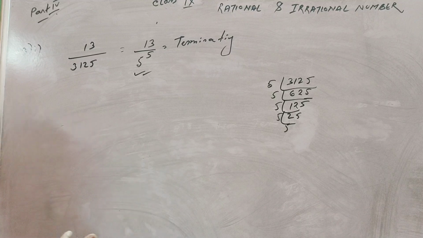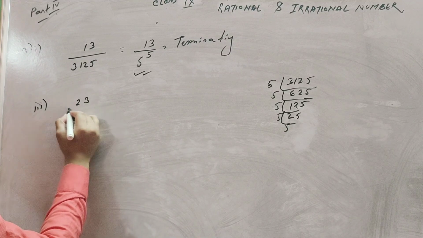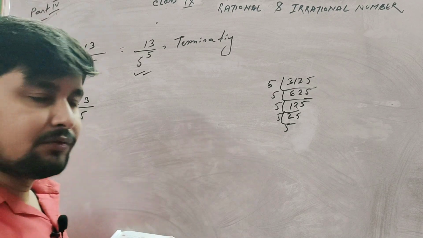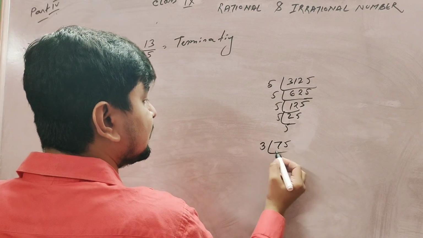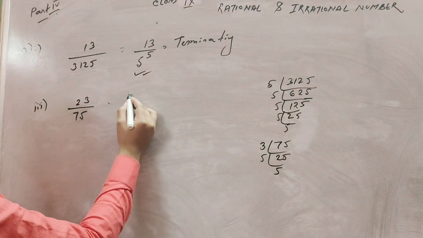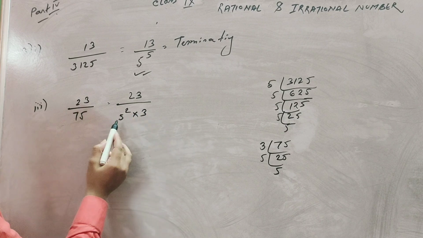Done. We see one more question, question number 3, that is 23 by 75. Again the same question, without actual division. So whenever you factorize 75, that is 5 times 5 times 3. That means we see 5 square and 3.